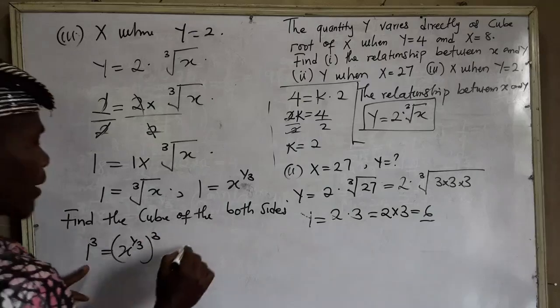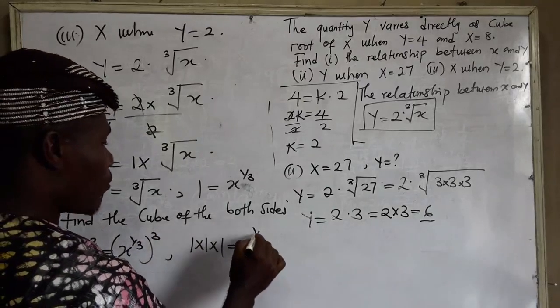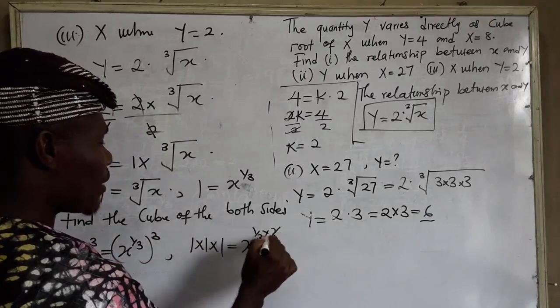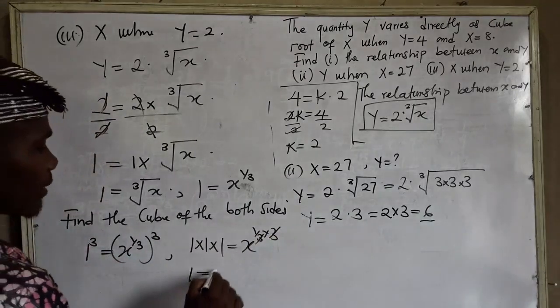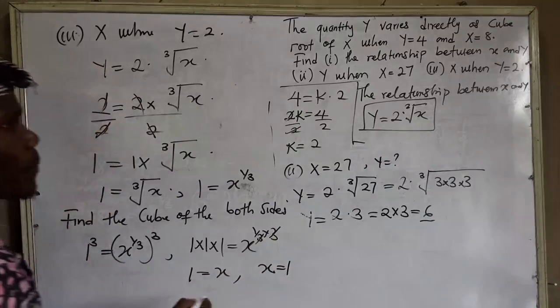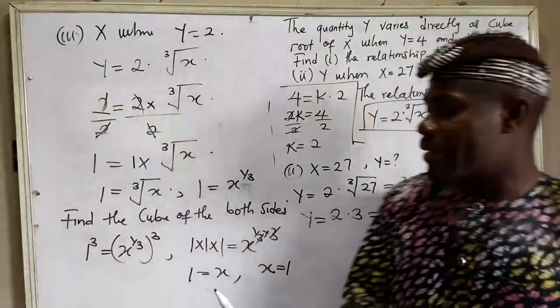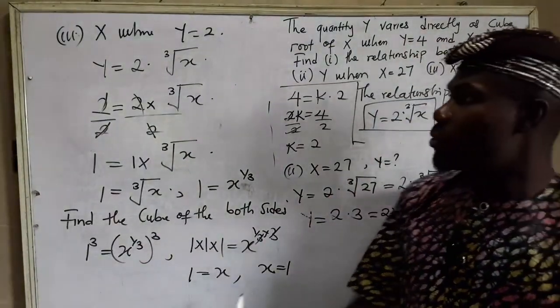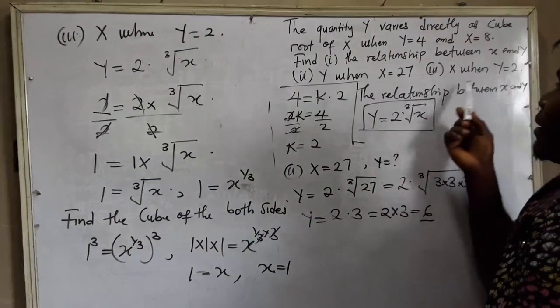So 1 to the power 3 will give you 1 times 1 times 1 is equal to x raised to the power 1 over 3 times 3. So we cancel this. So here we have 1 is equal to x. So therefore, x is equal to 1. So the value for the third one is x is equal to 1.